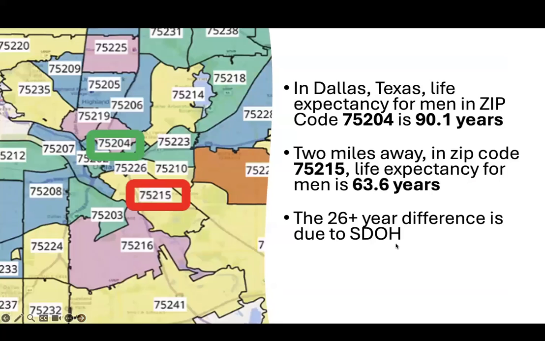In Dallas, Texas, near where my family lives, life expectancy for men in this green zip code is 90.1 years. And about 2 miles away in zip code 25219, life expectancy is 63.6 years. So this is more than a 26-year difference due to social determinants of health.